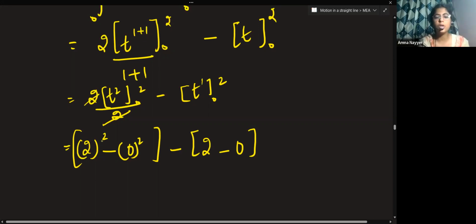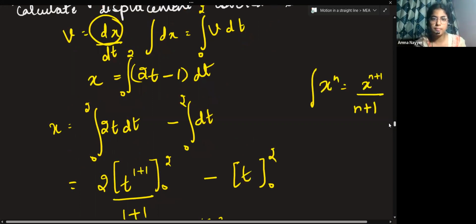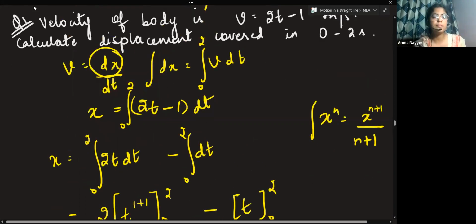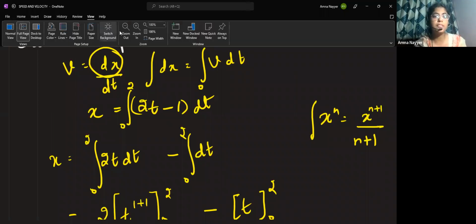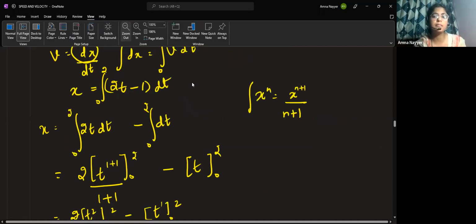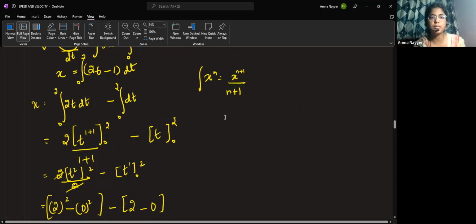So this becomes 4 minus 0, and here you have minus 2 minus 0. So 2 meters is the displacement. That's how you solve it. Just note down this as well. These questions are very basic and are repeated. Ask me wherever you are having issues in these kinds of questions.